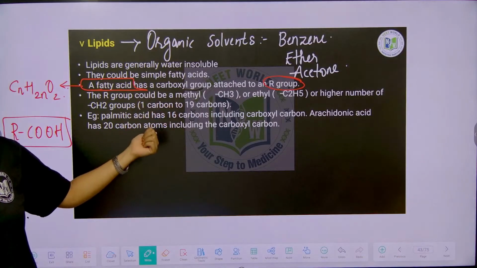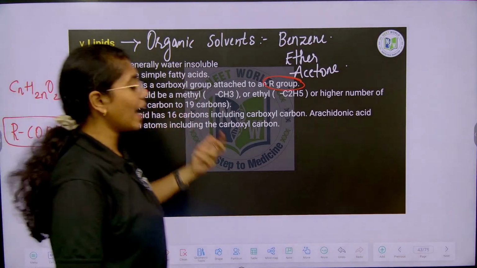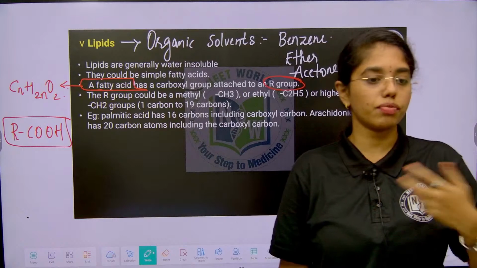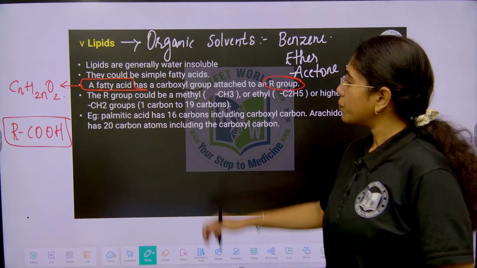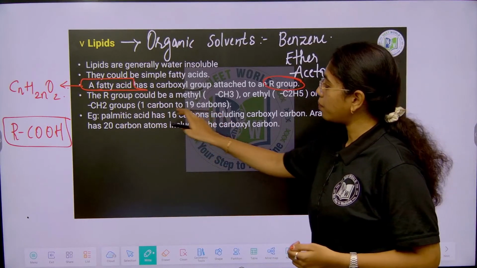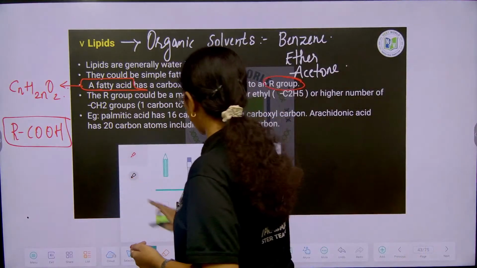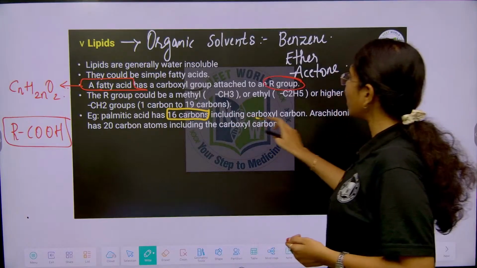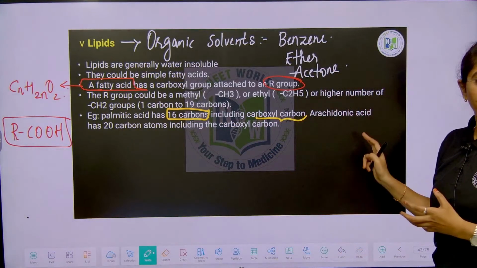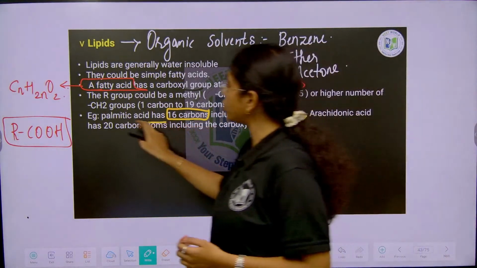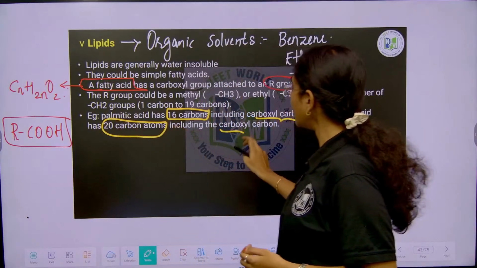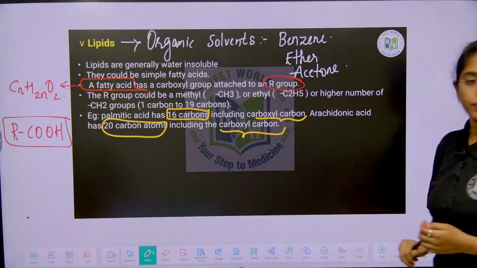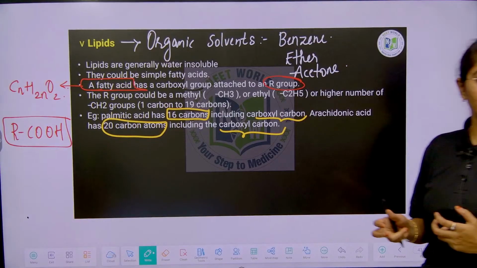It can be methyl, ethyl, or any higher number of carbons. It can range up to 19 or 20. Palmitic acid has how many carbons? 16 carbons, including the carboxyl carbon. Arachidonic acid has how many carbons? 20 carbons including the carboxyl carbon. Right?